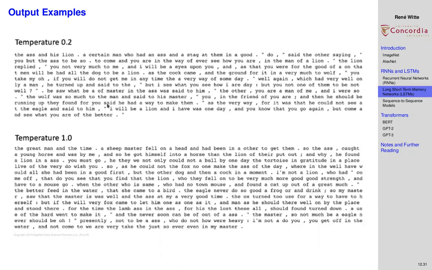"Running up, they found for you, said he had a way to make them. I will be a lion." So a couple of words are sort of okay, but as a whole story, it's not that convincing. It has to do with both the very limited training size that we fed into the network, just this 200 kilobytes, and also with the fact that we used a rather simple network architecture.